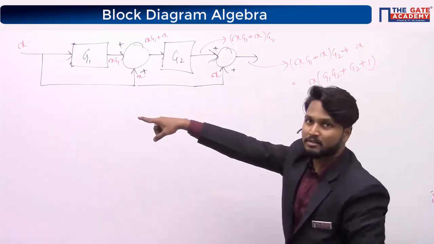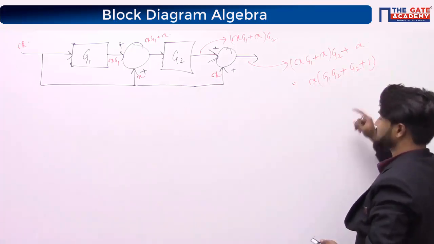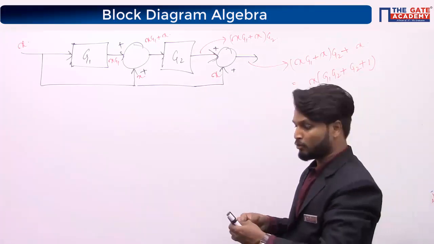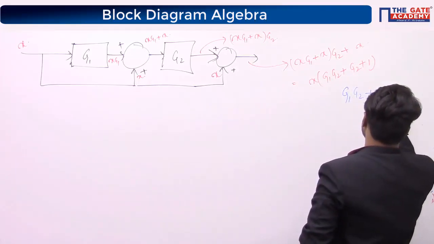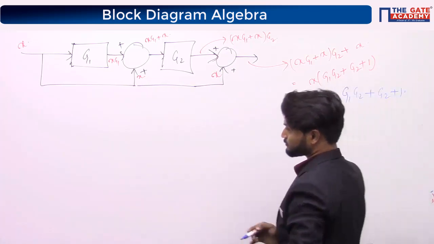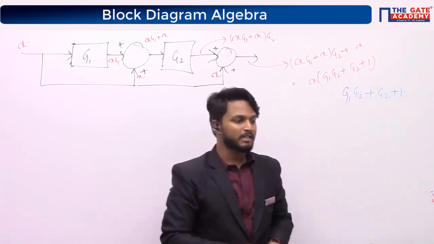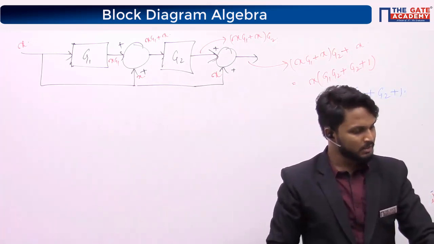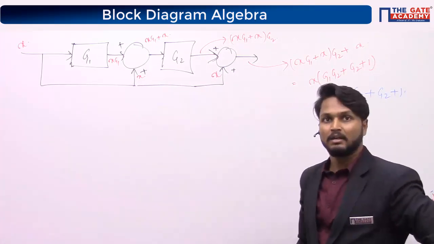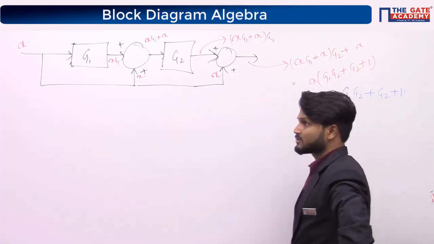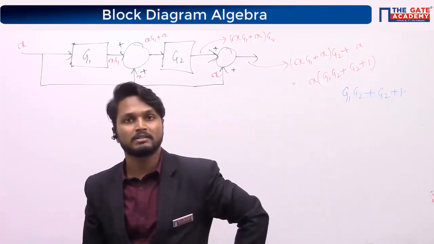So input is X, output is X times G1 G2 plus G2 plus 1. The ratio of output to input, you will get G1 G2 plus G2 plus 1. So which option is matching? If you look at the options, option C, that is G1 G2 plus G2 plus 1, should be the correct answer.